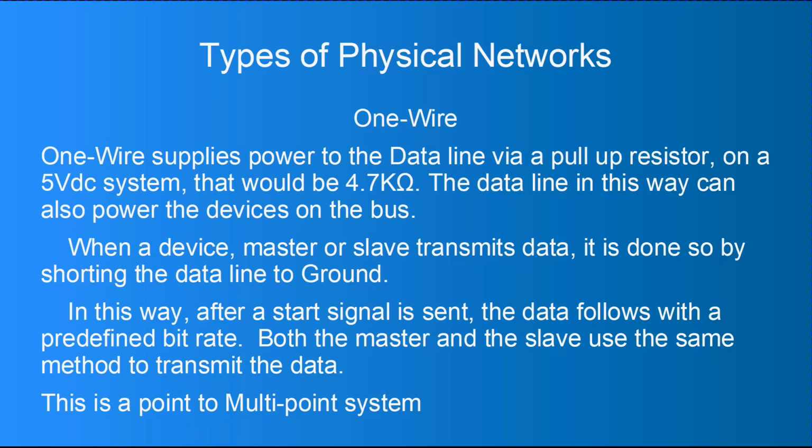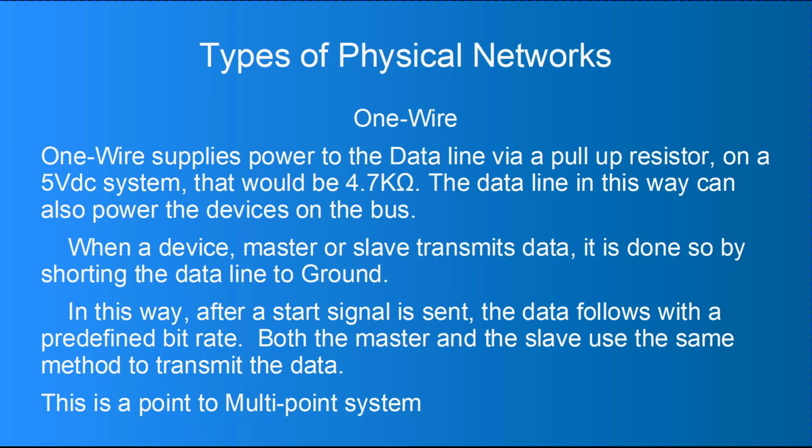The data wire is normally held at logic 1 or positive 5V, and a signal is transmitted by shorting that to ground. It's a very simple system. It relies on a consistent timing which is set within the protocol, and it will send a stream of bits.